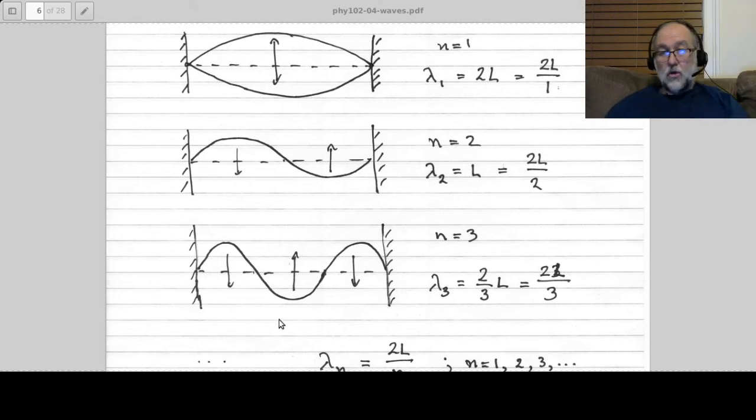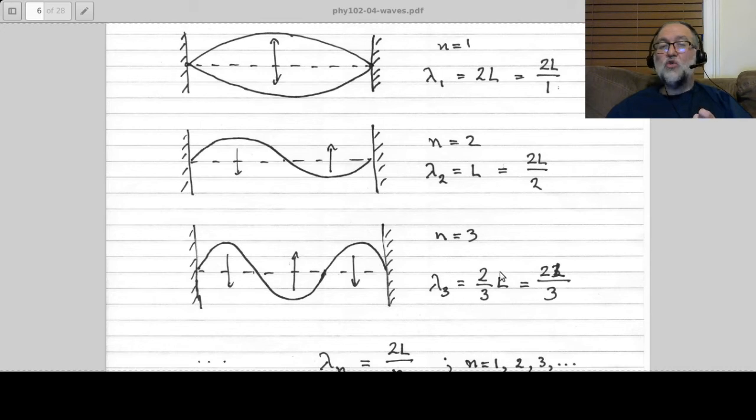Now if you take a look at this and ask, what's the wavelength of this one? Well, you see you've got a crest and a trough, and by the time you get to this point right there, you've already got a full lambda. So that's a full lambda. Now if you divide the thing into three pieces, two pieces are going to be a lambda, and then there's a third piece.